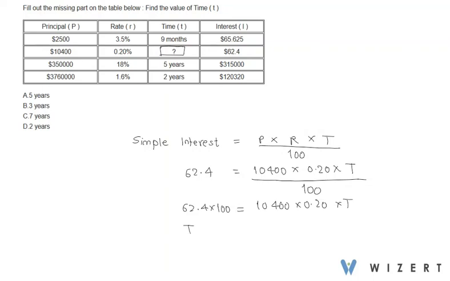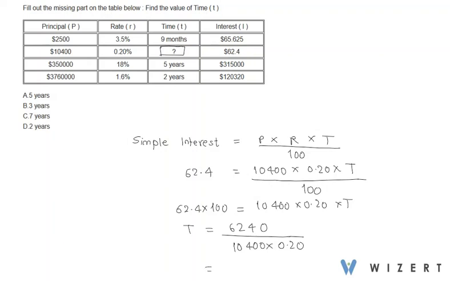So time can be calculated as t equal to 62.4 times 100, which is 6240, since I have removed 100 by multiplying here, divided by 10,400 multiplied by 0.20.